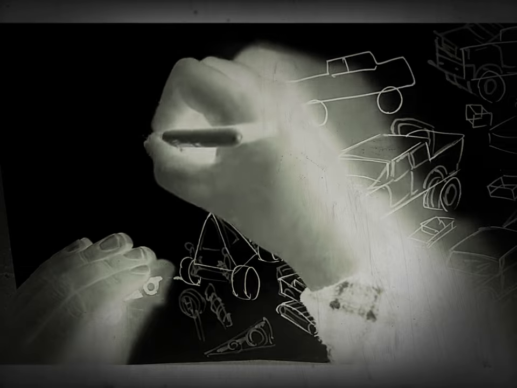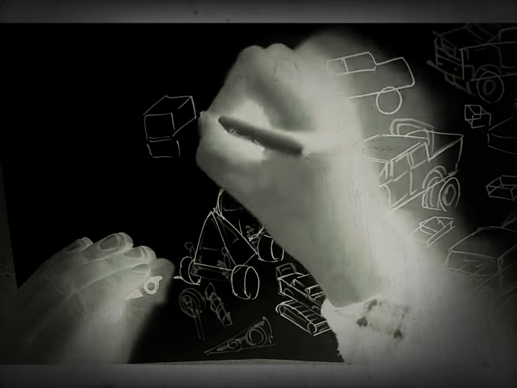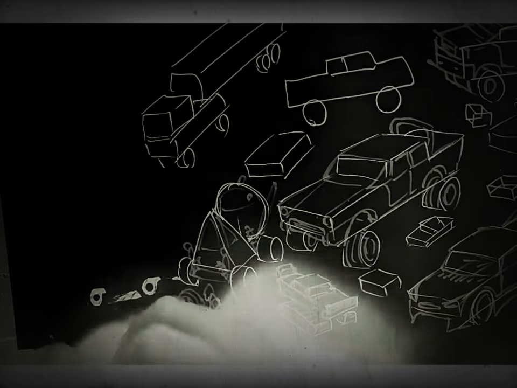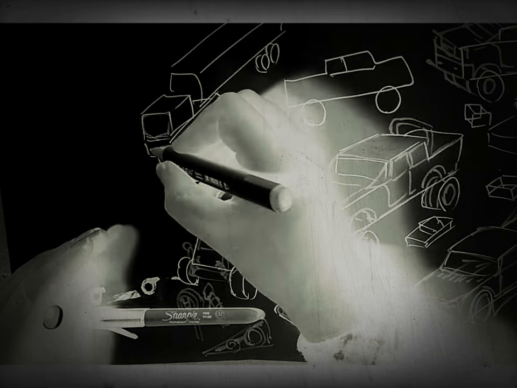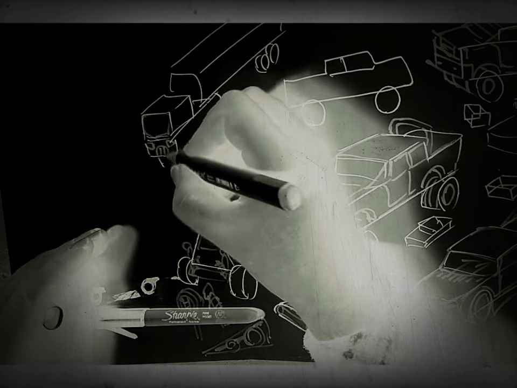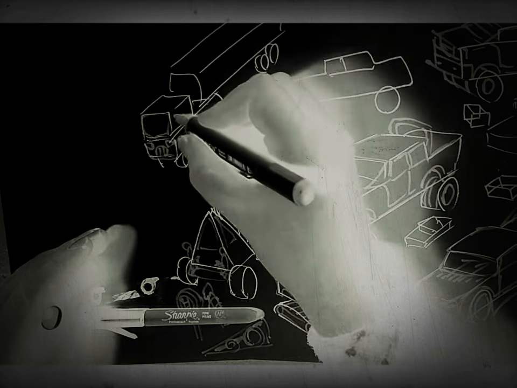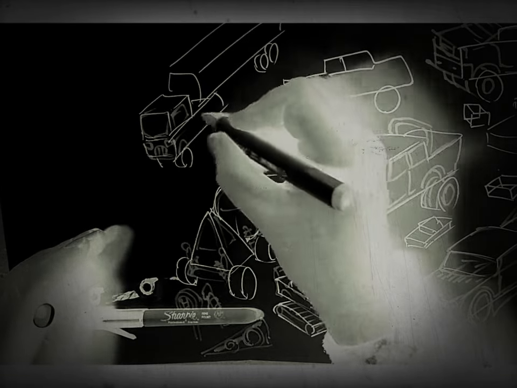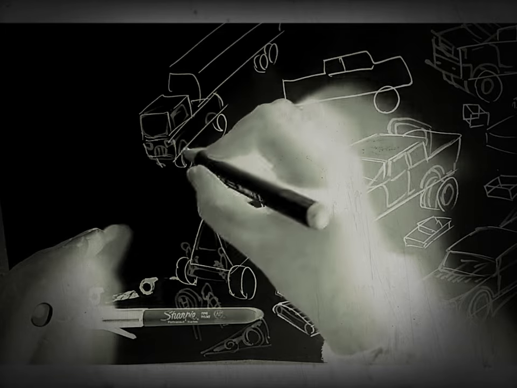Let's do cube, rectangle. Let's do a larger rectangle, more circles, and from that wheel arches, wheels, lights.